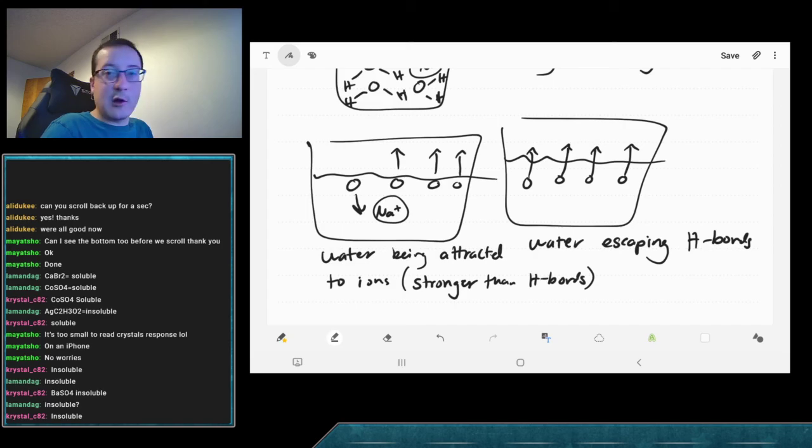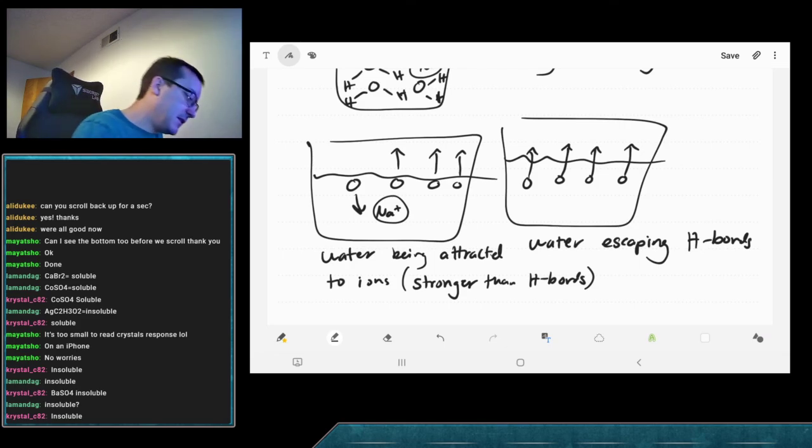So we're going to see salt water will boil above 100 degrees Celsius. And if we put other solutes in there, again, we're going to delay that boiling process because we're introducing more intermolecular forces.